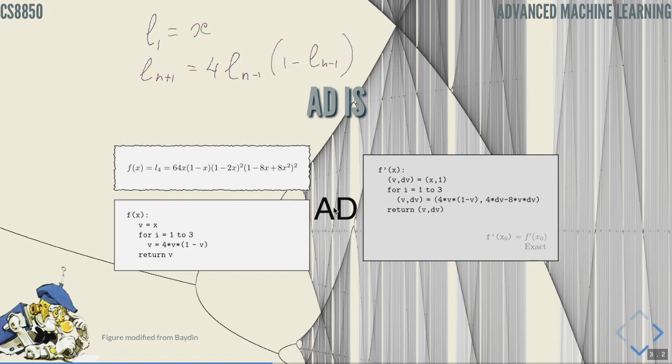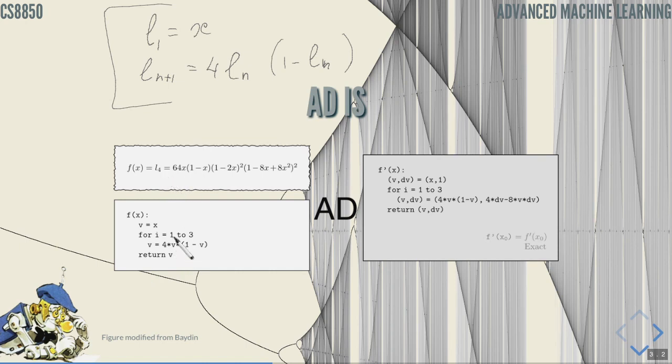Only, of course, there is no minus 1 there. That was our definition. So, well, we can just brute-forcefully write the loop, right?